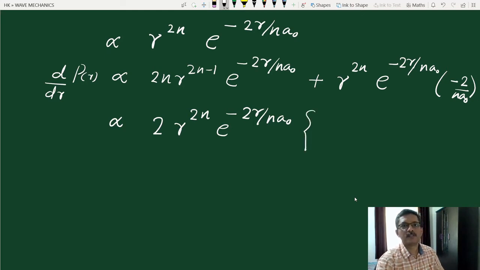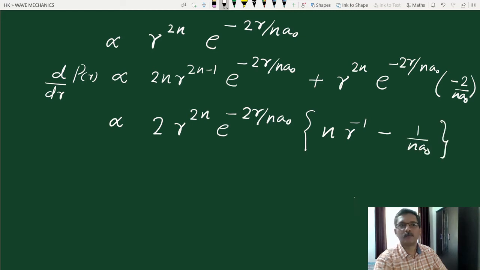Then the first term will be n times r raised to minus 1, and the second will be minus 1 by n a0.